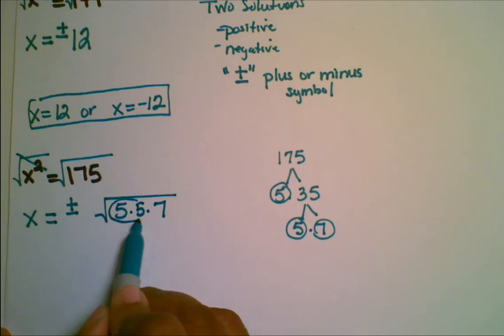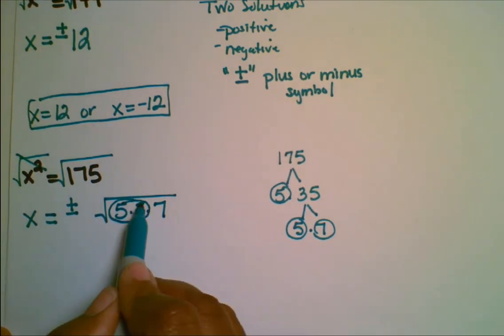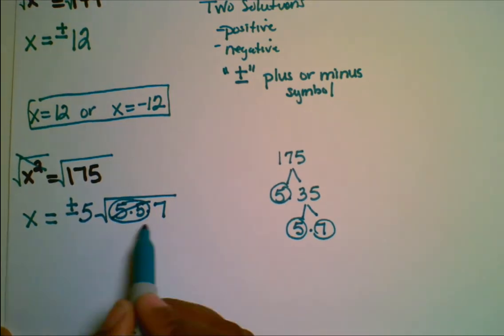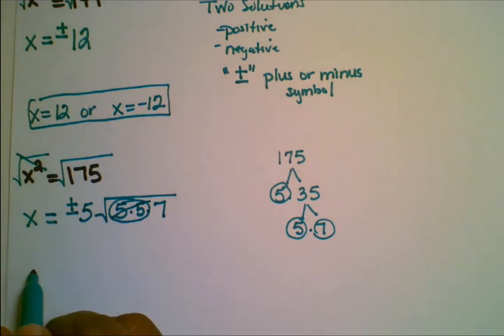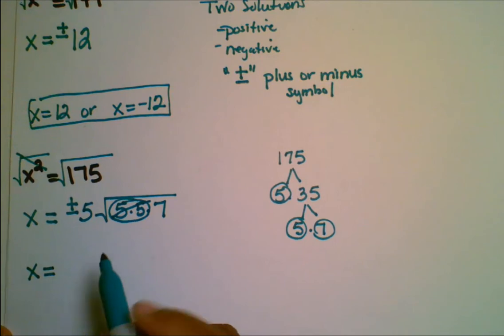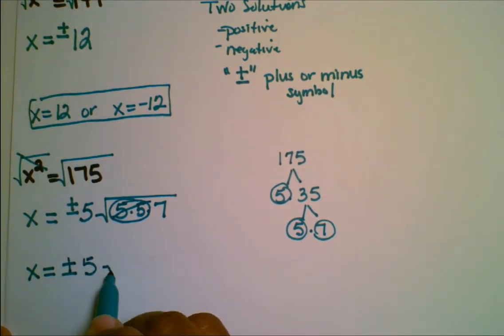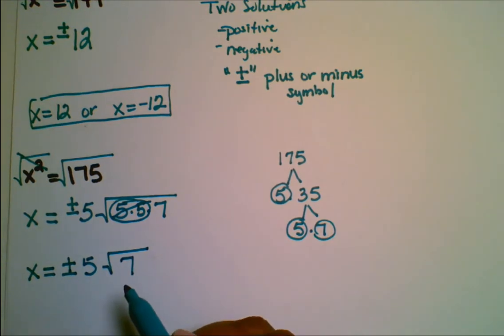You have a pair of 5s that we can circle. That means we're going to bring that 5 out. 7 would stay because it's not pairing with anything. Therefore, our solution is x is equal to plus or minus 5 square root of 7.